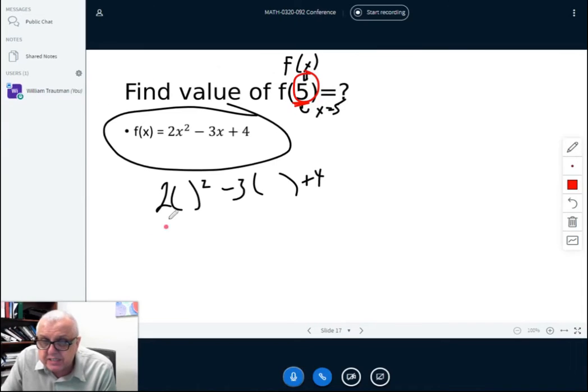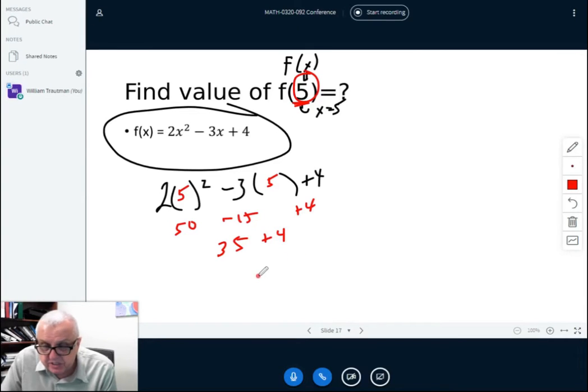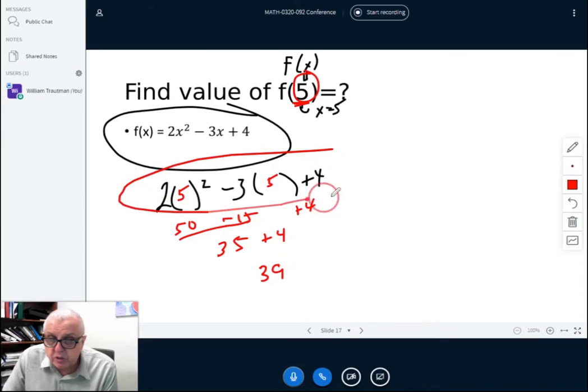So we're putting a 5 in here, and then we're going to do the math. 5 squared is 25 times 2 is 50. Negative 3 times 5 is negative 15. 50 minus 15 is 35. 35 plus 4 is 39. Or you can put it all in a calculator and you should get 39.